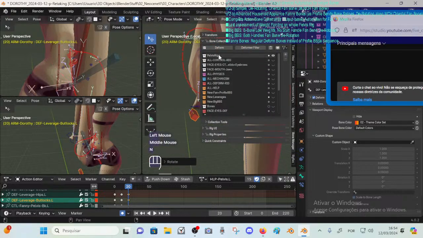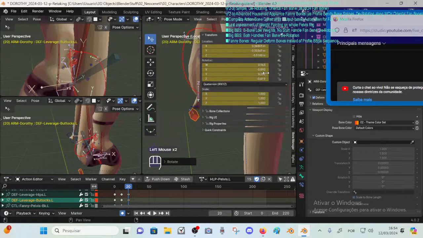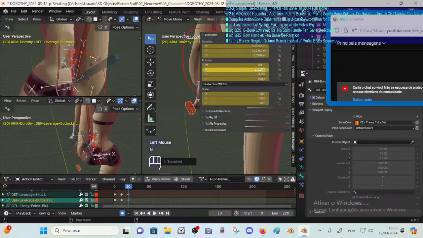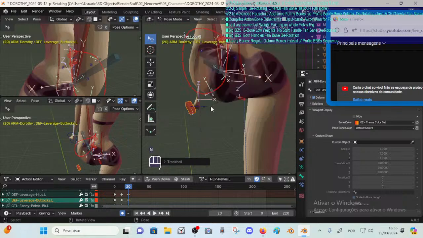If we rotate them randomly, yeah, so these are very low rotations, not like as I tried. Something like 0.5 on the X, I think.